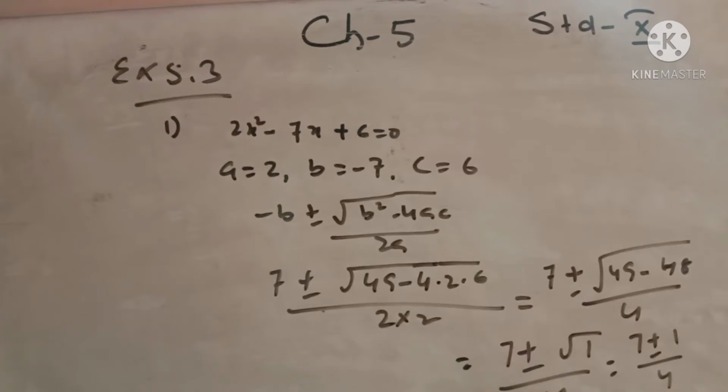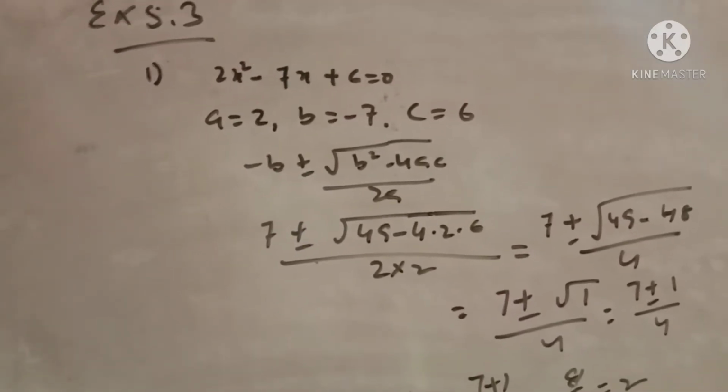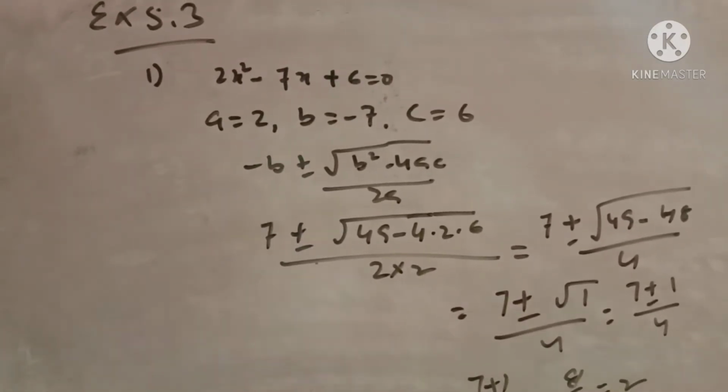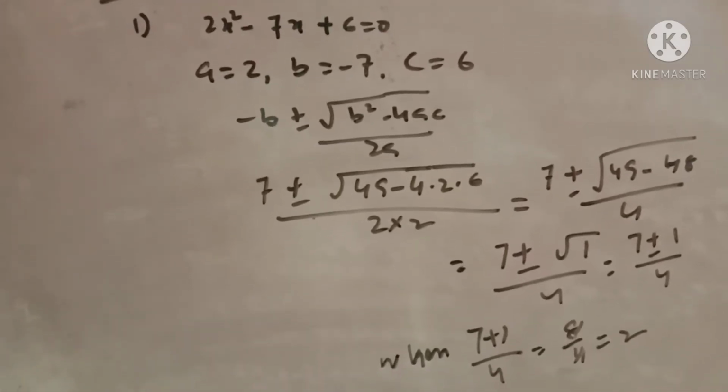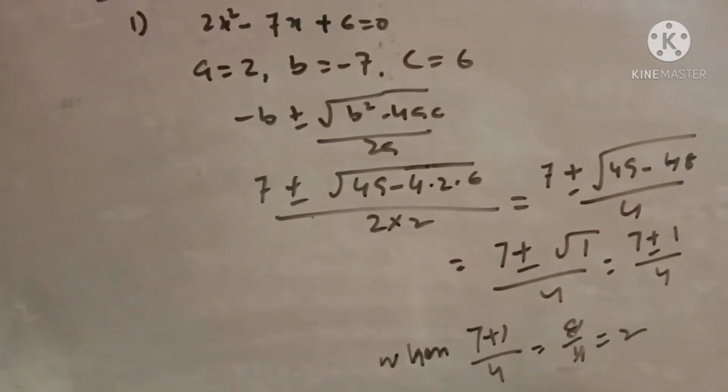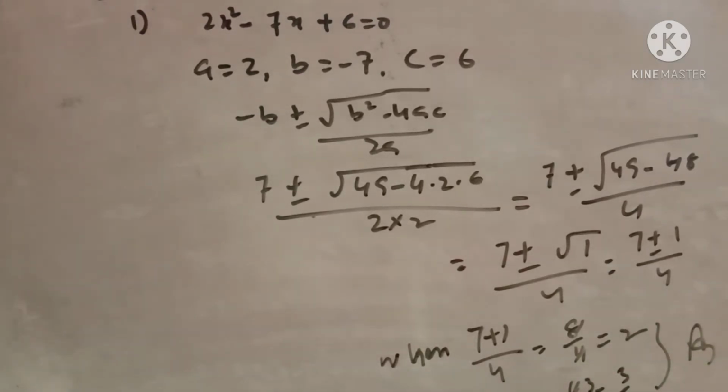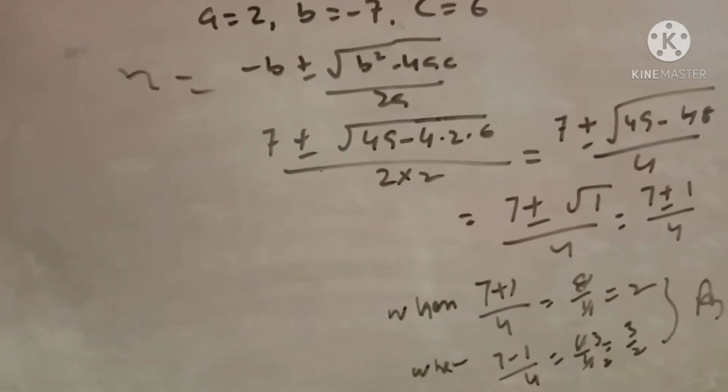When 7 minus 1 by 4, that is 6 by 4, equal to what? 3 by 2. So these are the values of x. Therefore x equal to, write down please.